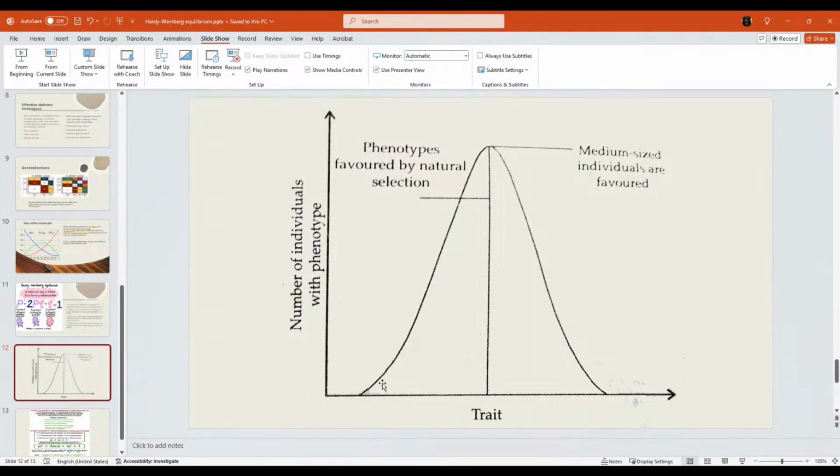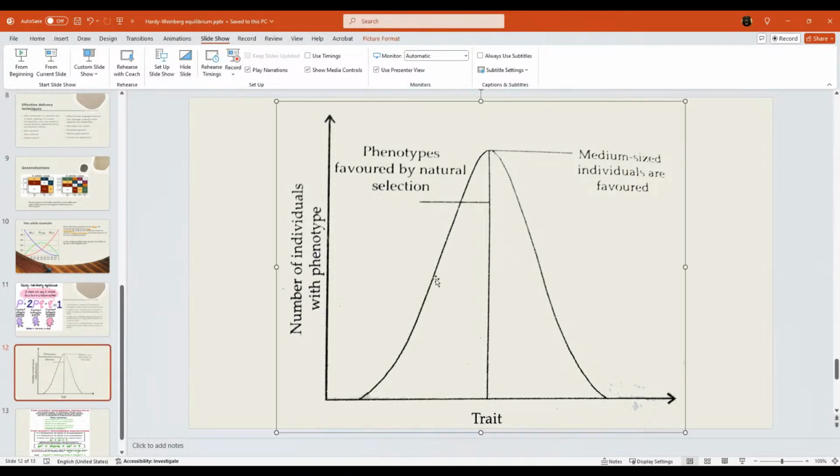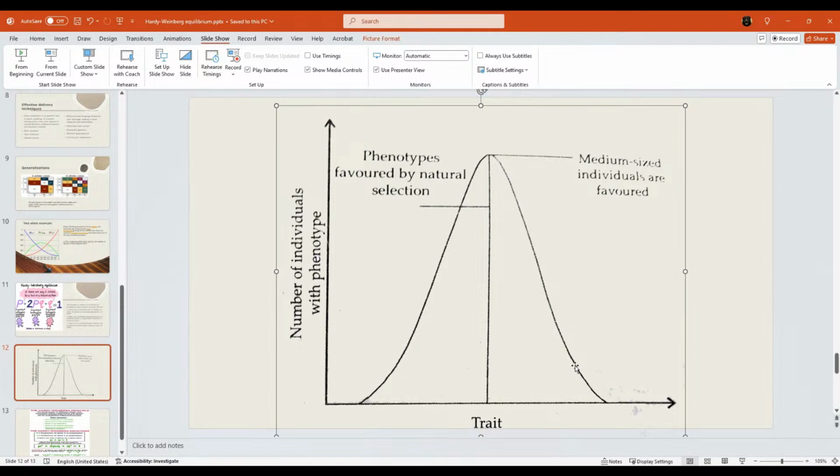So here is a basic bell-shaped curve. The line in the middle is the median or the mean. So you have one standard deviation, which is about here, away from the mean. You have a positive standard deviation here from the mean, which is about 13% from the mean. Here you have about 2 standard deviations from the mean.